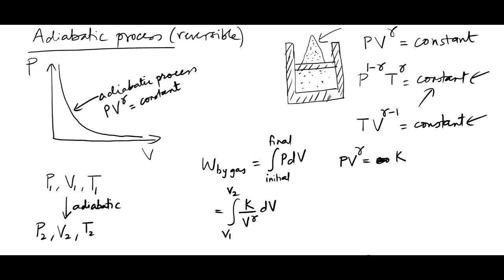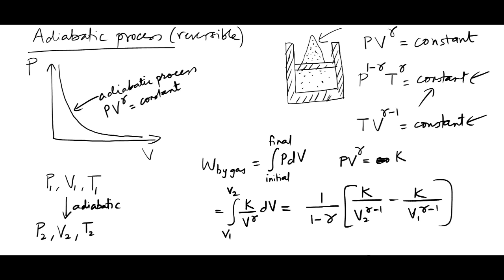Now upon integrating this, you get 1 upon 1 minus gamma times K upon V2 raised to gamma minus 1, minus K upon V1 raised to gamma minus 1.